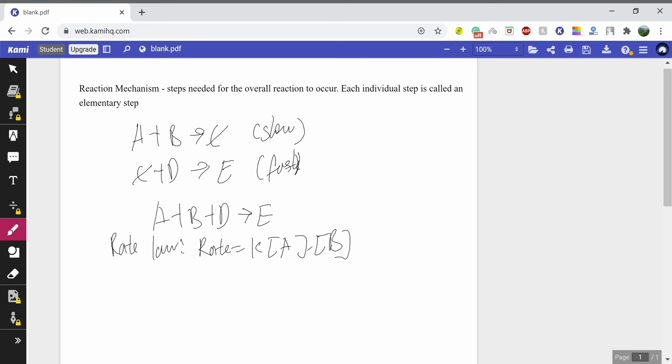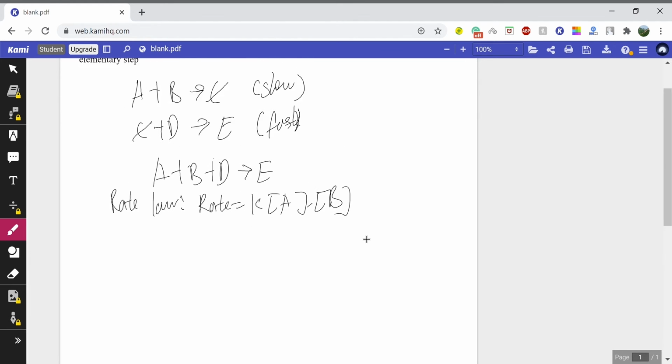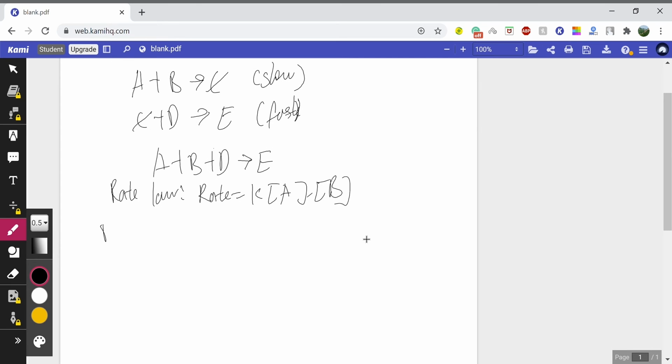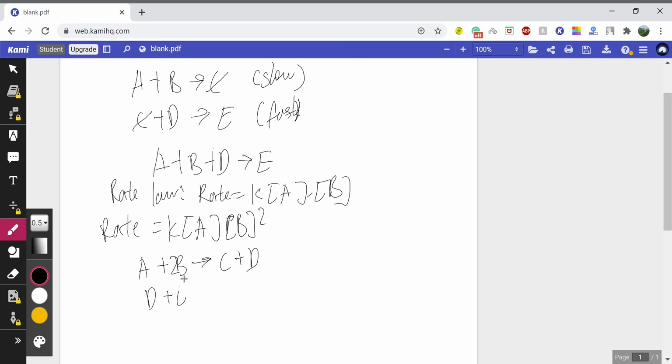So for example, if we have rate is equal to, let's say, K times A times B squared, and then you have two equations, A plus 2 moles of B makes C plus D, and then D plus E makes F. And it asks you which one is slower and which one is faster.